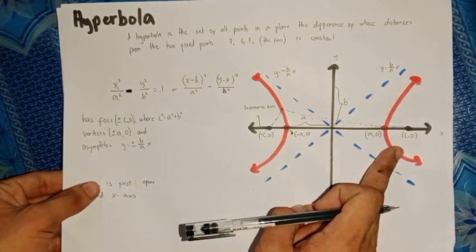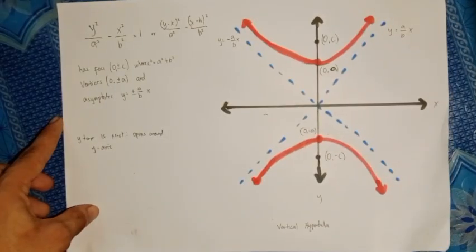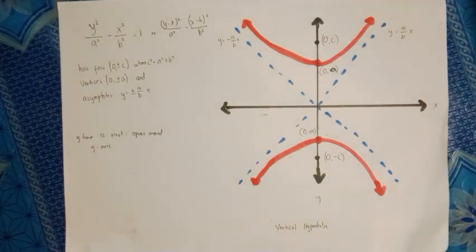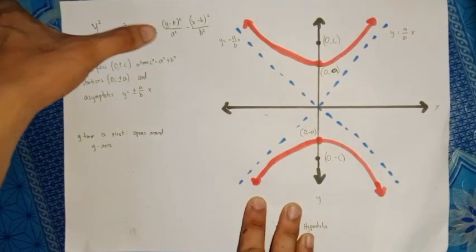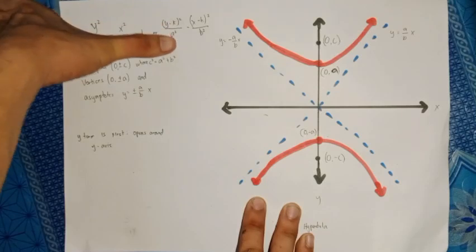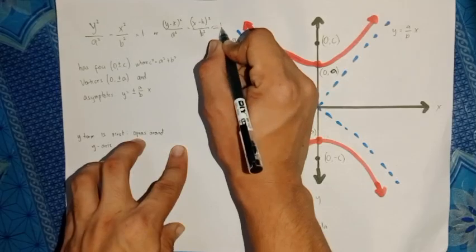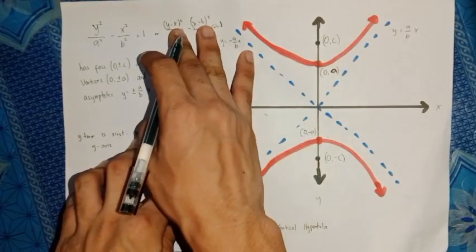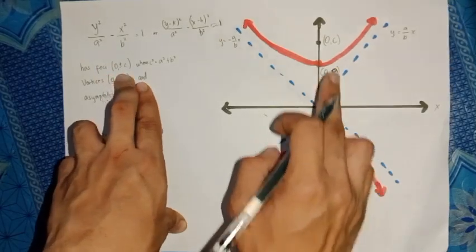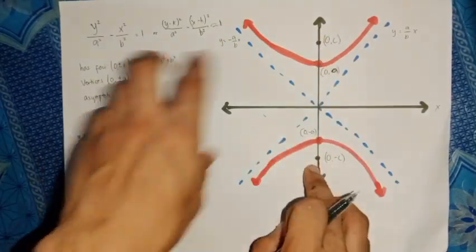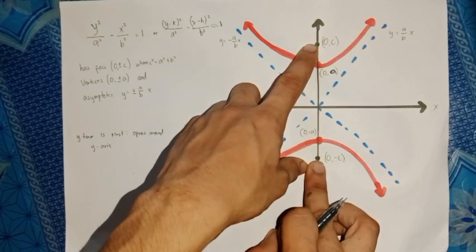Next, we have what we call the vertical hyperbola. A vertical hyperbola has an equation of y squared over a squared minus x squared over b squared is equal to 1, or (y minus k) squared over a squared minus (x minus h) squared over b squared is equal to 1. Remember again that h and k is the center, and it has foci (0, c) and (0, -c), where c squared is equal to a squared plus b squared.